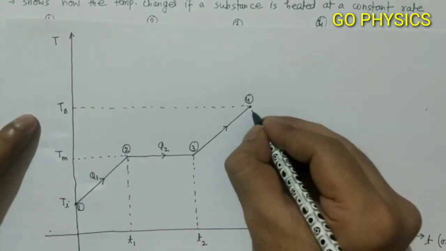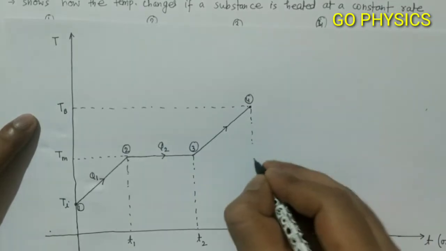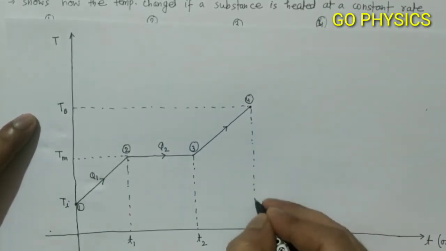Let us suppose total time taken by the system to reach the state 4 is T3.